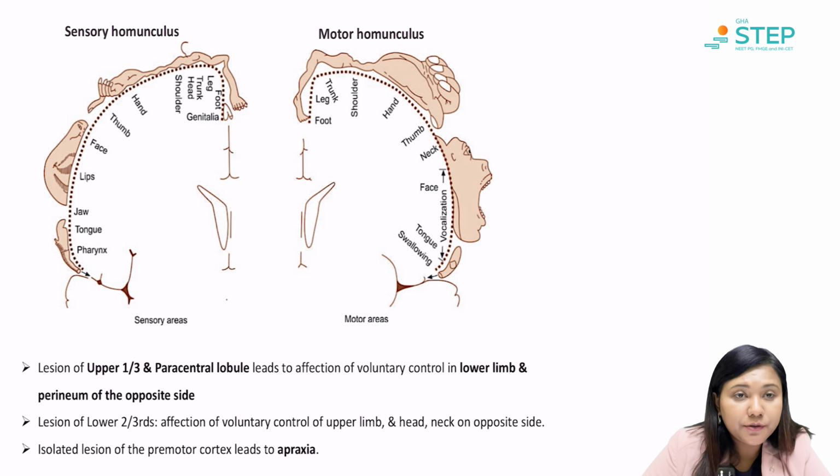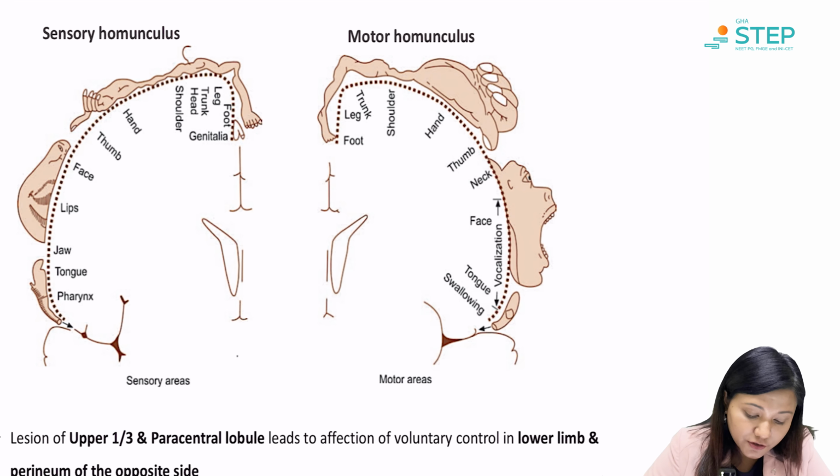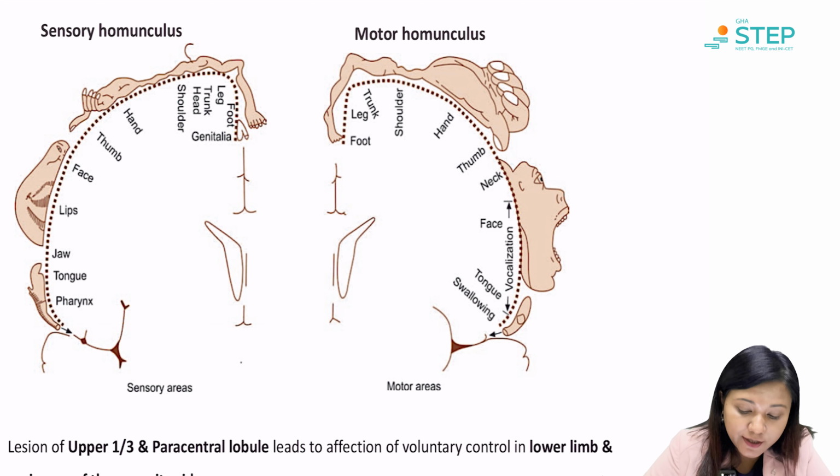Before going into the paracentral lobule's function, you should know about the homunculus, the sensory homunculus and the motor homunculus. It is a neurological map of the motor and sensory functions of the body, and you have an inverted homunculus in the body.